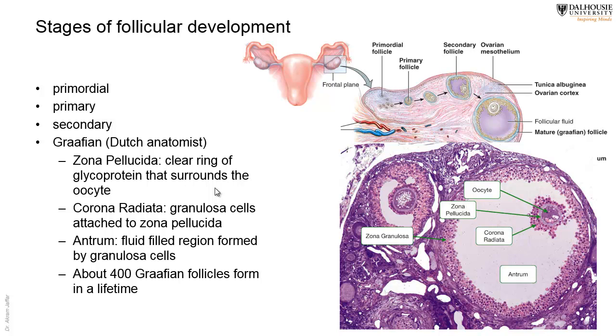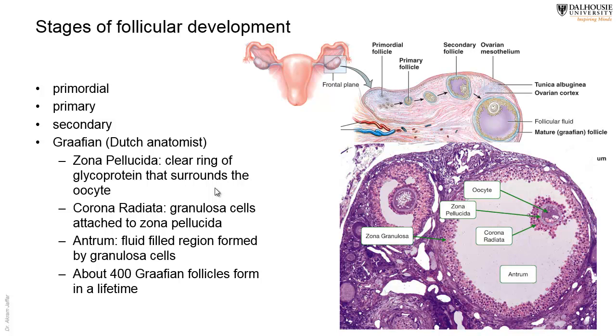And then instead of one layer of cells surrounding the oocyte, we will have multiple layers, and then spaces will appear between these layers. So we will have a secondary follicle. There are multiple follicular spaces like lakes filled with fluid, and then there will be enlargement of the follicle.